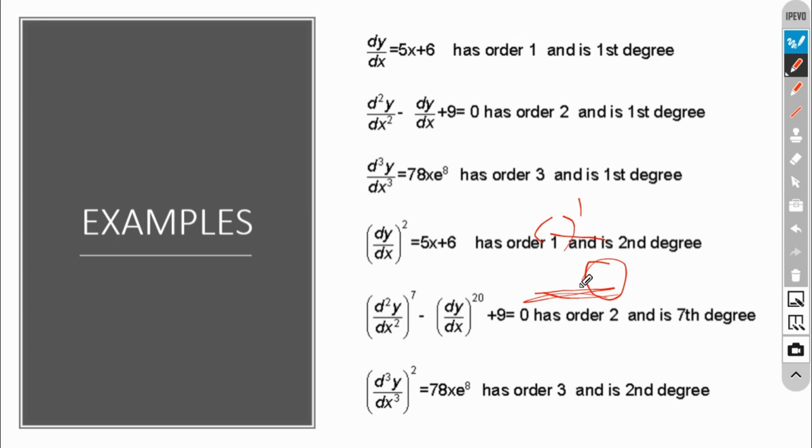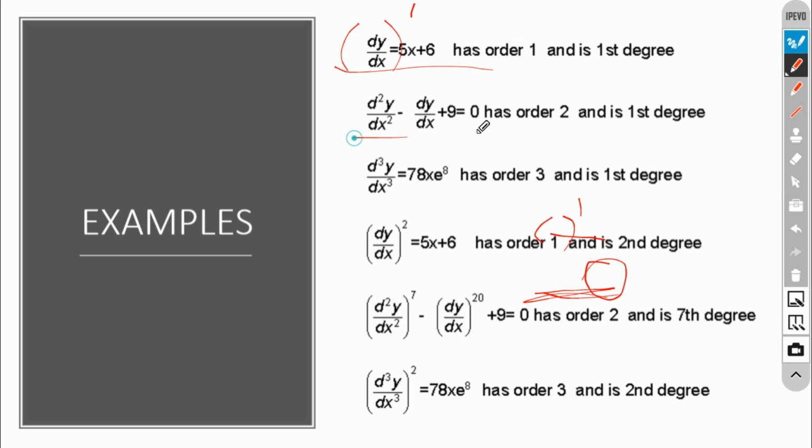Look at this variety of examples. First of all, dy by dx is equal to 5x plus 6. In this case, you can see what the highest derivative is. The highest derivative is dy by dx, so the order is 1, and since its exponent is also 1, its degree is 1.